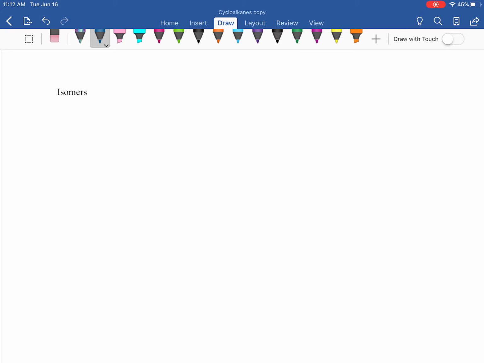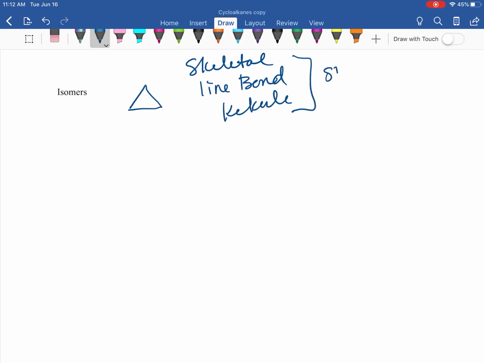All right, so I want to also work my way through some of our drawing. Our first drawing method for all of our attachments is this nice skeletal drawing called line bond or Kekulé. We are always going to start here. This literally just shows attachment. And this is our first kind of isomer.